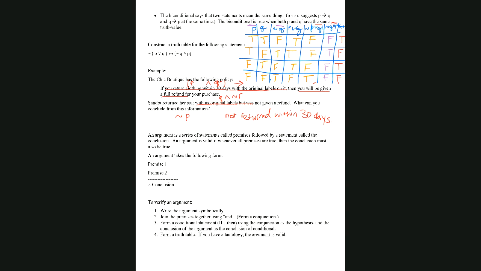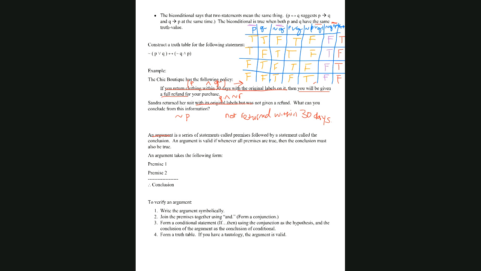All right, so let's talk about what an argument is. This is actually an argument. An argument is a series of statements called premises, followed by a statement called the conclusion. An argument is valid if, whenever all premises are true, then the conclusion must also be true.